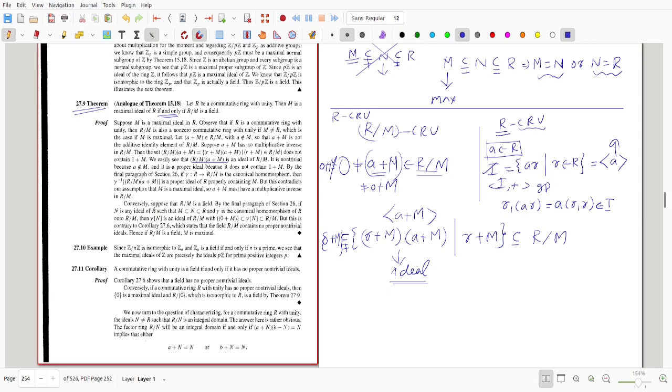So this consists of the set of all multiples of a plus M, that means (r plus M) into (a plus M), where r plus M is a member of R over M. Instead of taking I, they denoted this set by R over M into a plus M. You consider this set, and this is not trivial because this is not equal to 0 plus M, and it is a proper ideal because we know that 1 plus M will not be a member of this set.